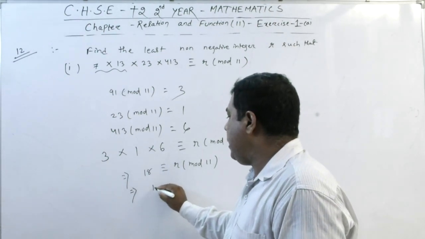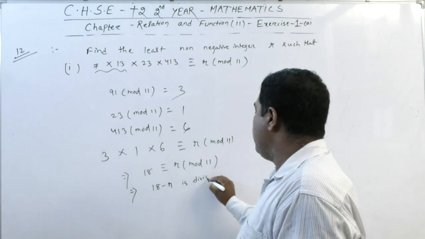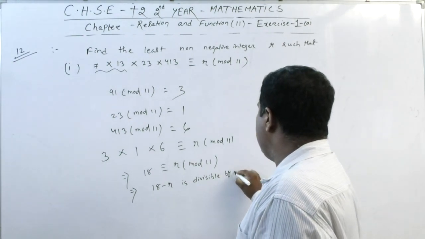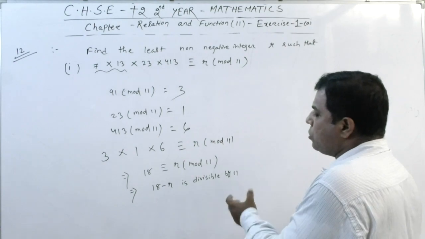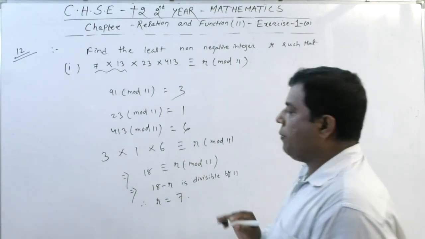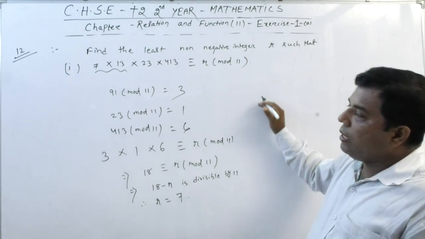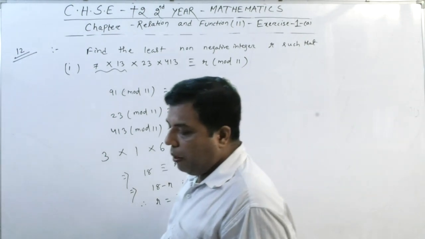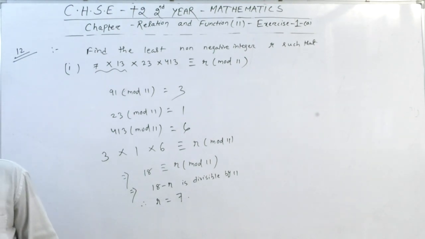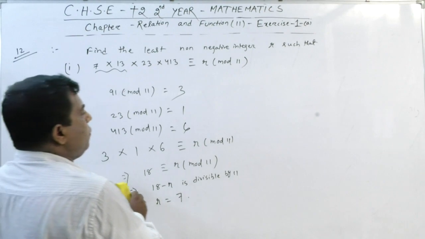That implies 18 minus r is divisible by 11. So the minimum value of r should be equal to 7. In this way we get the solutions of these types of questions. Now we are going to solve another question for your clarity.